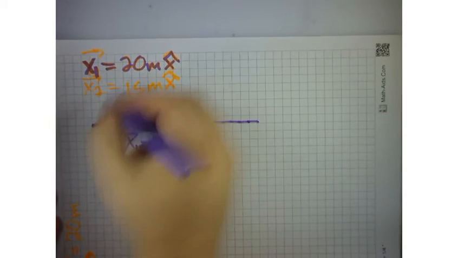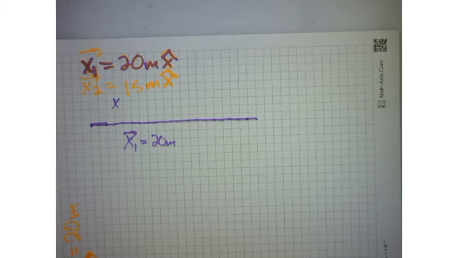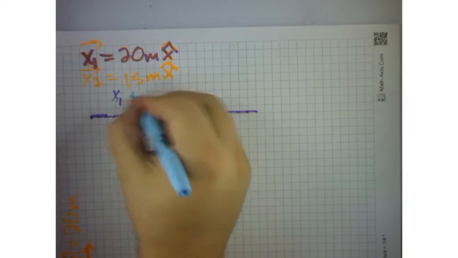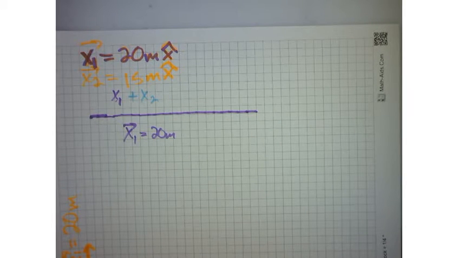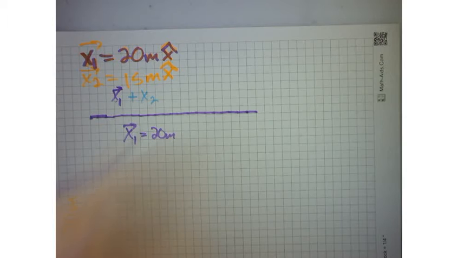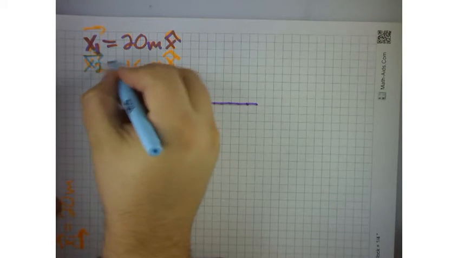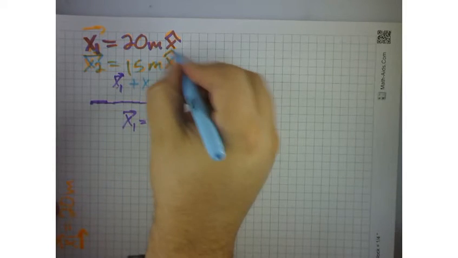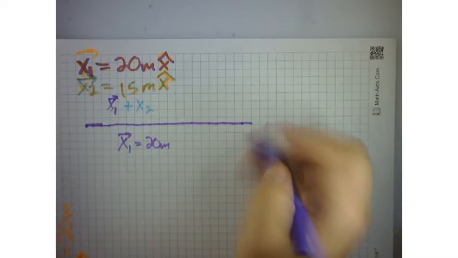And so they want me to show x sub 1 plus x sub 2. Now what do we think those should be if we add the sum of those two? Yeah, 35, right? In the x direction. So this is 20 units.